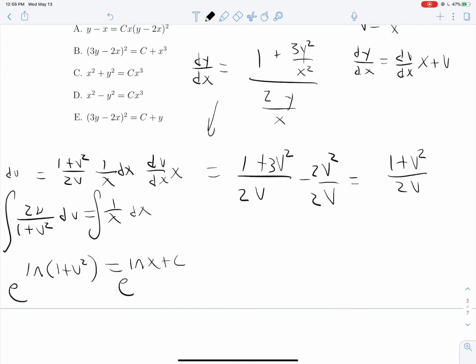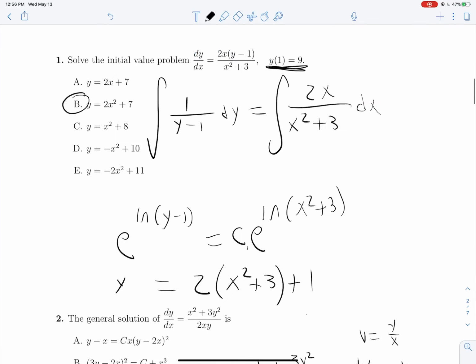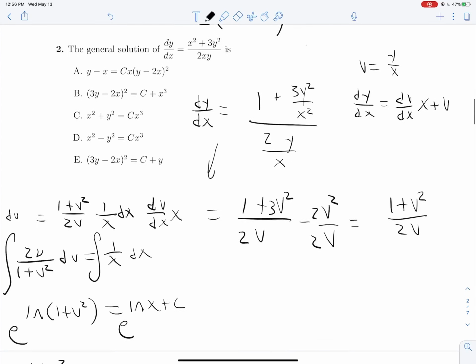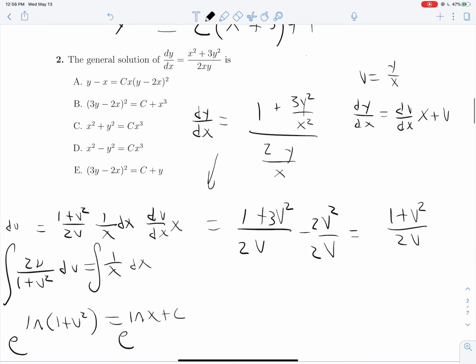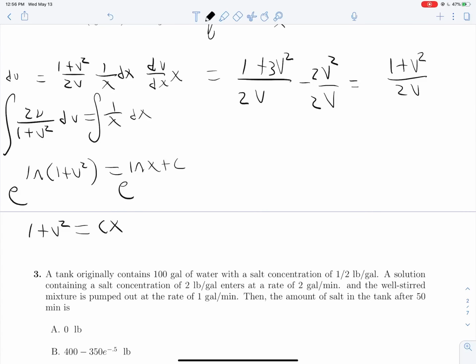Taking e raised to both sides, we end up with 1 plus v squared is equal to, and just like we did in this problem, we can bring that c out front of our e, and so this will end up becoming cx. So now undoing our substitution, we had that v is equal to y over x, so this is 1 plus y squared over x squared is equal to cx.